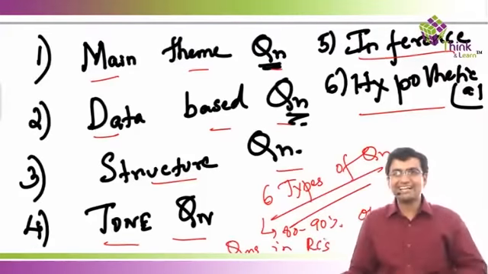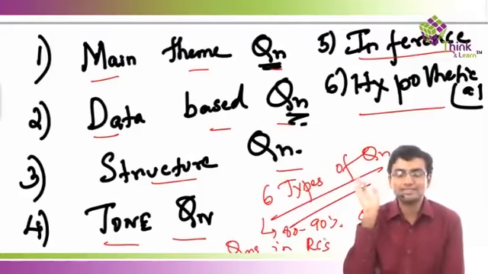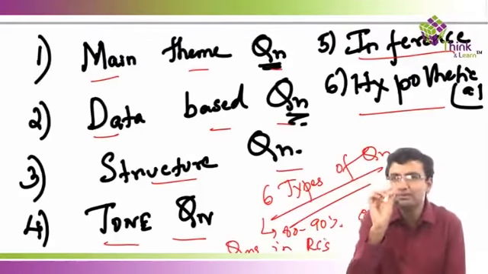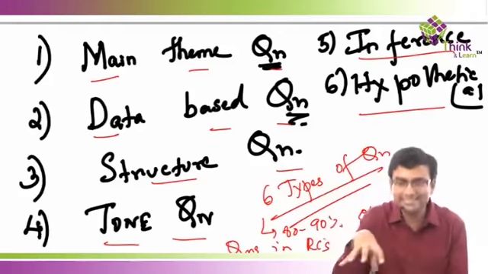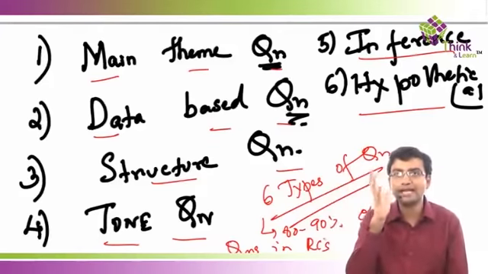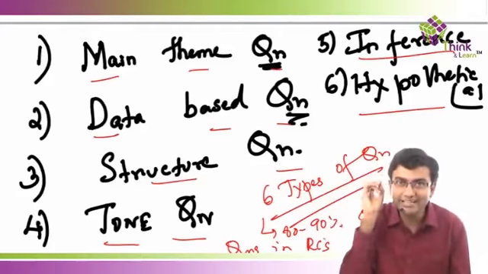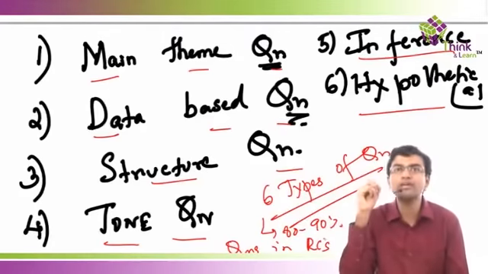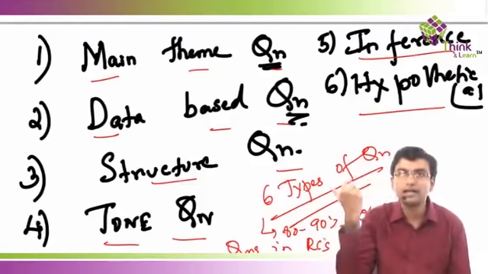Yes, there is always a tail. There will be some assumption questions, and some random questions as well. But please be clear, these 6 categories will cover 80 to 90% of your question types in your RCs.